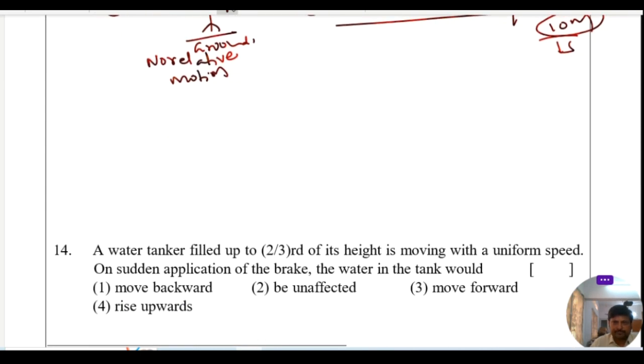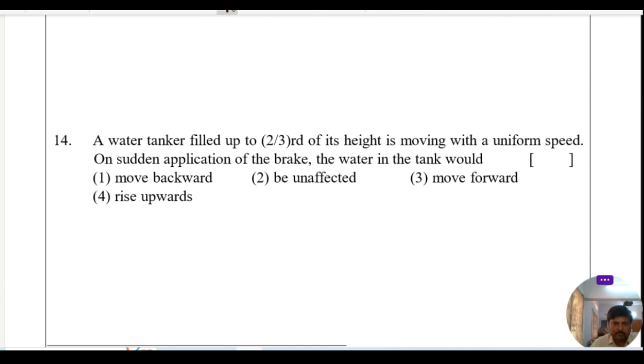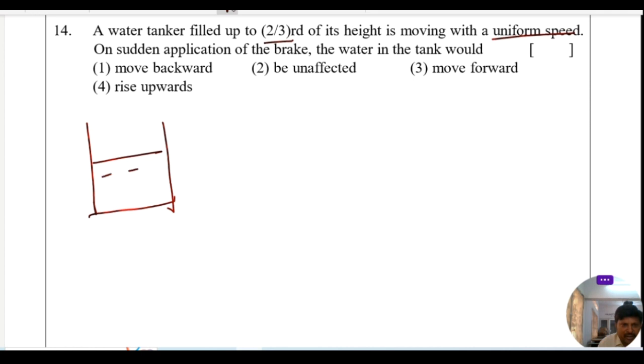Next, 14th one. A water tanker filled up to 2 by 3 of its height h is moving with a uniform speed v.